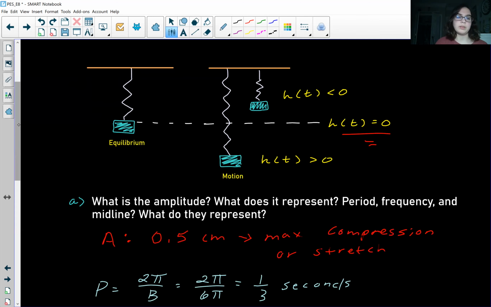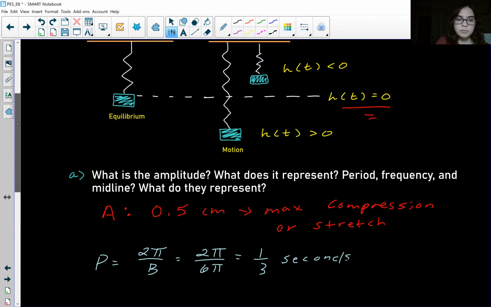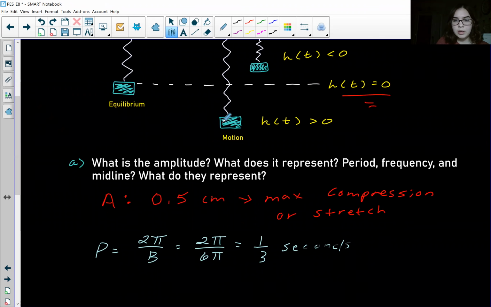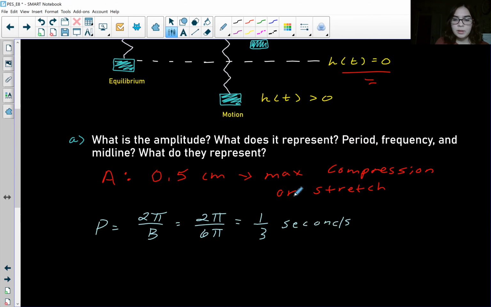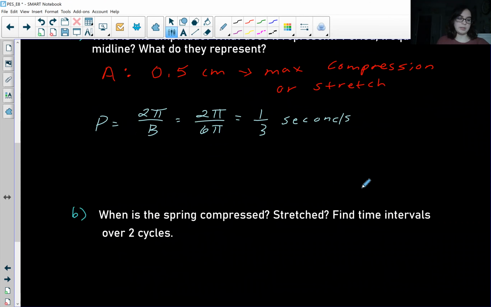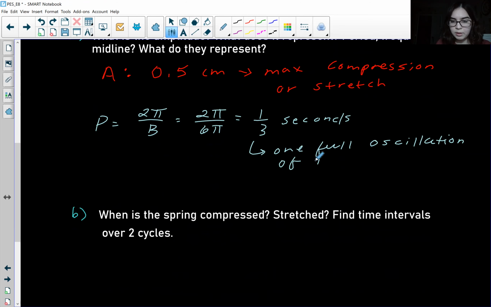So it's that full oscillation. Again, it's going to go down, back up through here, compress, and then back down. So we're going to say this is one full oscillation of the mass.